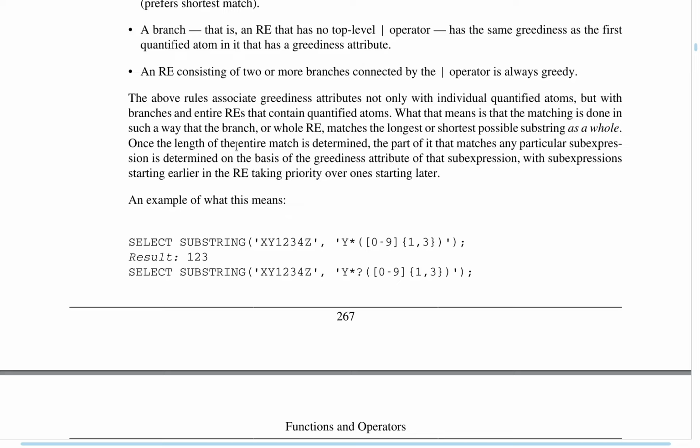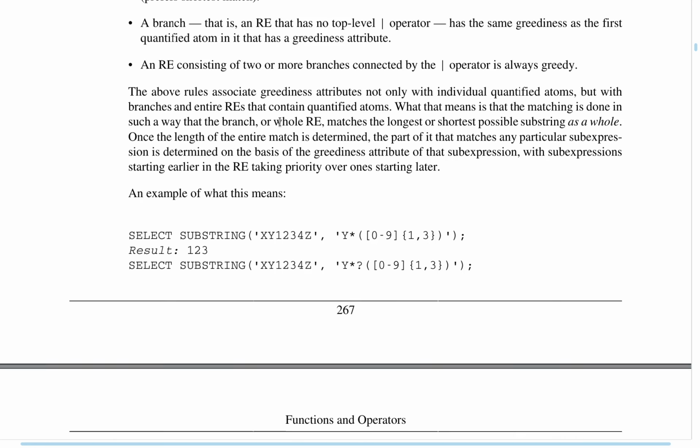Once the length of the entire match is determined, the part of it that matches any particular sub-expression is determined on the basis of the greediness attribute of the sub-expression, with sub-expressions starting earlier in the RE taking priority over ones starting later.